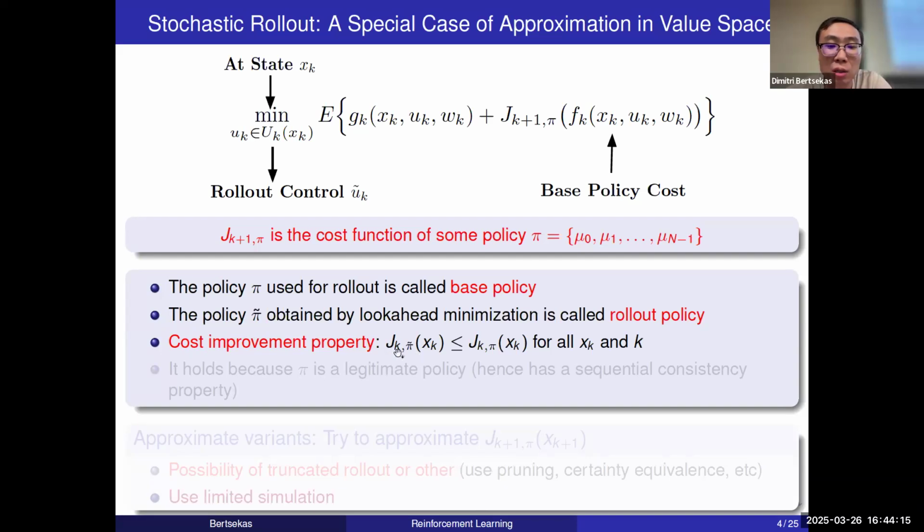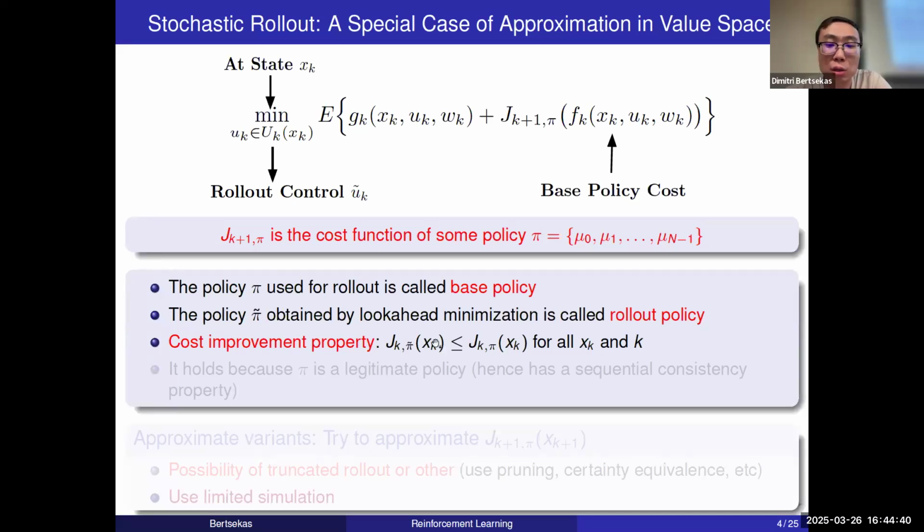That is, the cost function of the rollout policy obtained with this minimization, at all states x_k and all stages k, is no more than the cost function of the base policy at the same stage and starting from the same state.